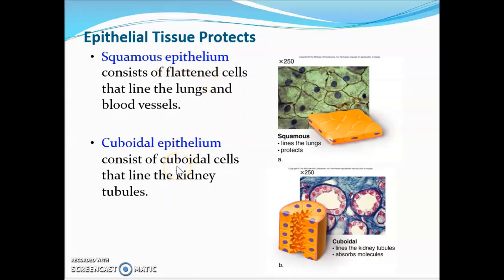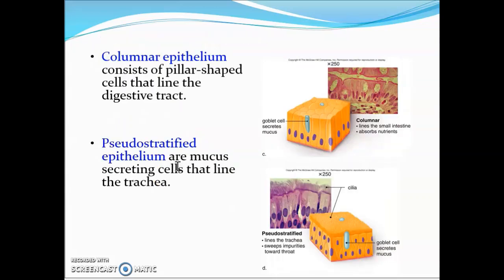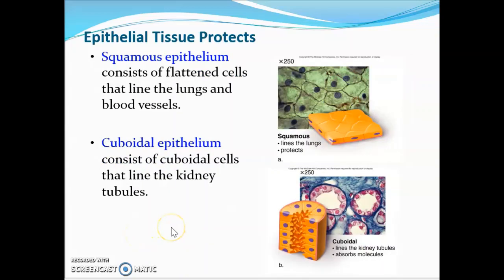Second is the cuboidal epithelial cells. Third is the columnar epithelial cells. And the fourth is the pseudo-stratified epithelial cells. These cells can be differentiated from each other by looking at the shape as well as the structure.